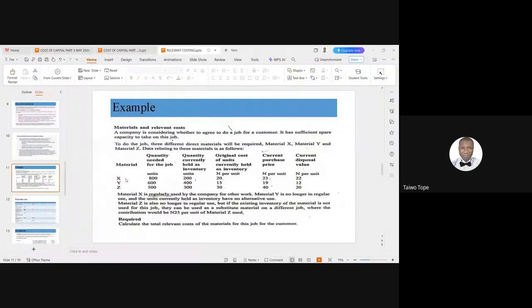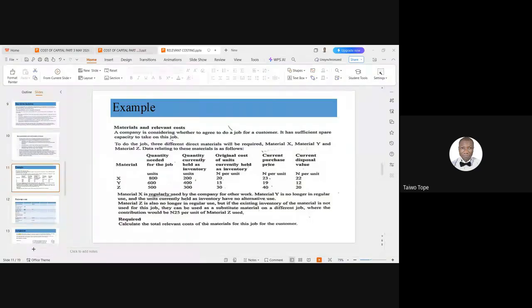Because before you start this order, as you are leaving the store, Department B is already requesting for 50 out of this. If you are now hoping on this 200, saying, okay, I have 200, let me get 600, before you come back, you don't have 200 again. So does it mean you start running back to the market? No. Since it's in regular use, you work based on the quantity you've budgeted for a particular production.